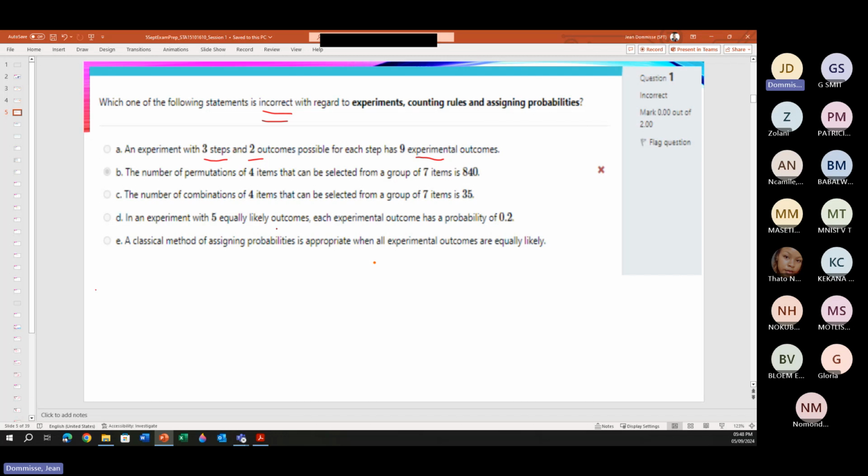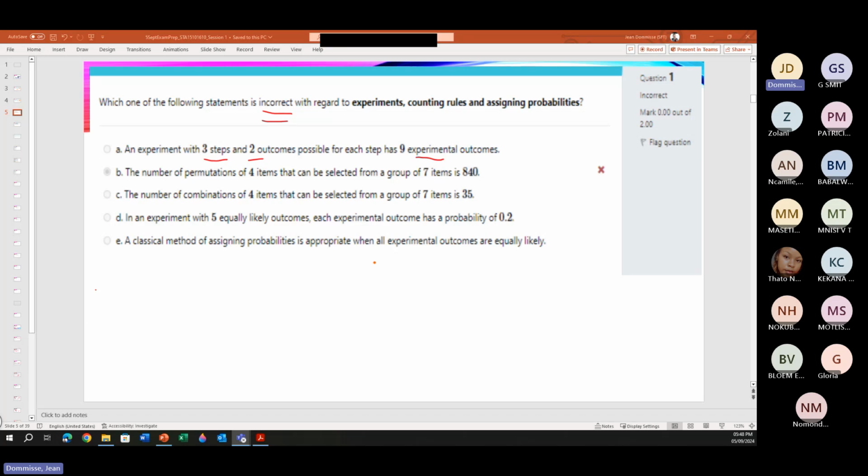So experiment with 3 steps and 2 outcomes. What would you guys have said, is that a combination or a permutation? You can just mention in the chat what you would have said in this one.